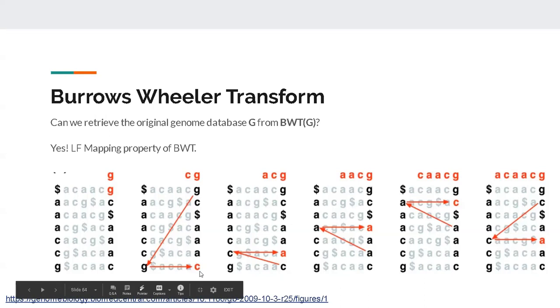Yes, so the rank of this C is 2. Now we have to find a C in the first column which also has rank 2, which is this particular C. So we know that we have to choose this C and not the one above it. So we move to the C and then note down what is before that C, that is an A, and we note it down. The rank of this A over here is 3.